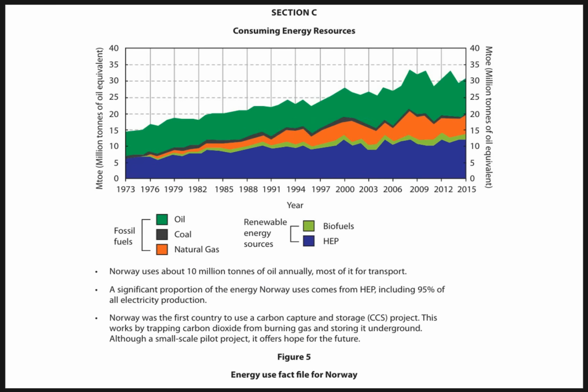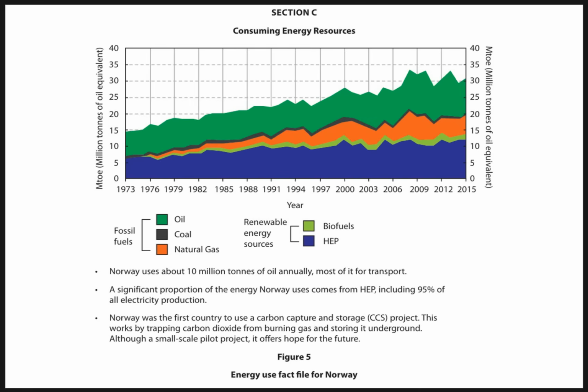This is in the resource booklet, moving into section C, consuming energy resources. Norway's quite an interesting country because although it exports huge amounts of oil, much of its own energy use, electricity, comes from hydroelectric power. So you can see straight away that the situation is a little bit more complicated than saying Norway's an oil producing country.